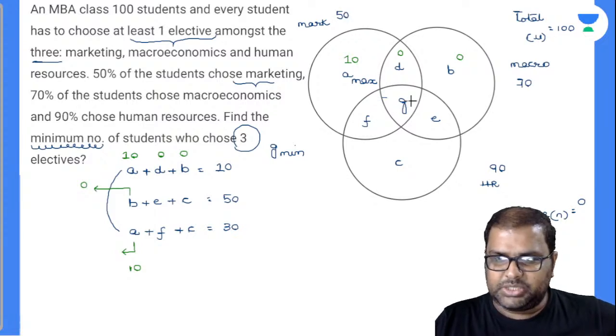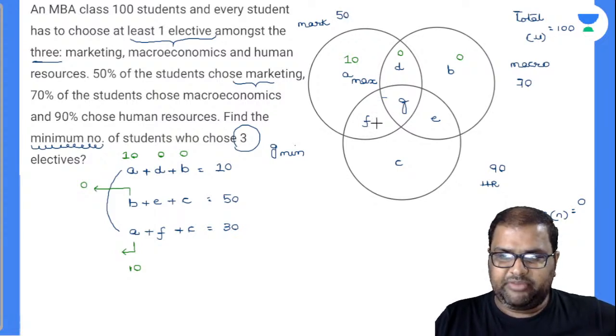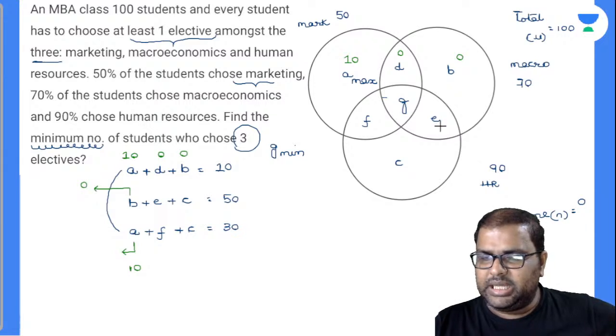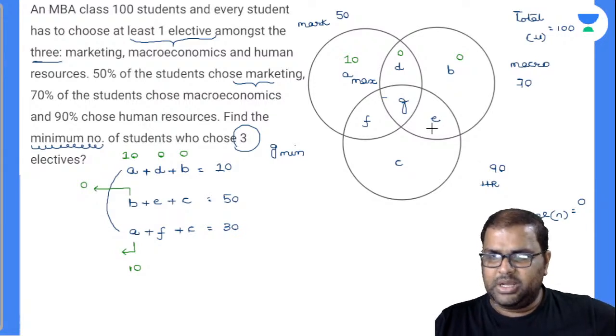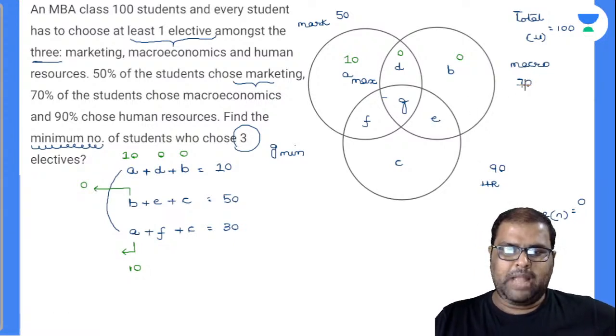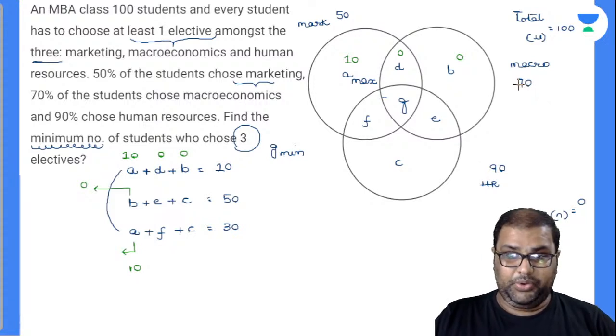F plus G has to be 40, means C plus E has to be how much? 50. Am I right or wrong? Yes or no? Closely observe there, and again E plus G has to be equal to how much? Now you got my point there. E plus G is equal to how much? Is it 70? Yes, perfectly it is 70. Am I right or wrong? Yes or no? Yes. Now you got my point there.